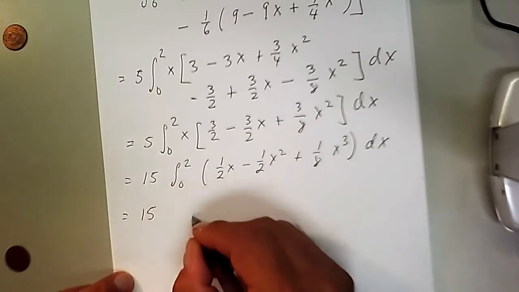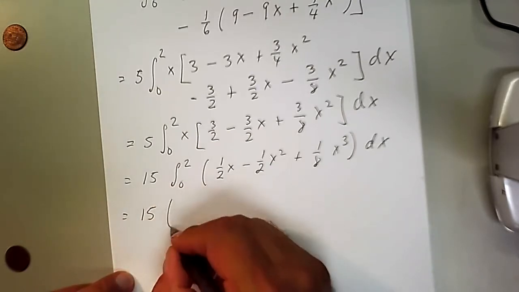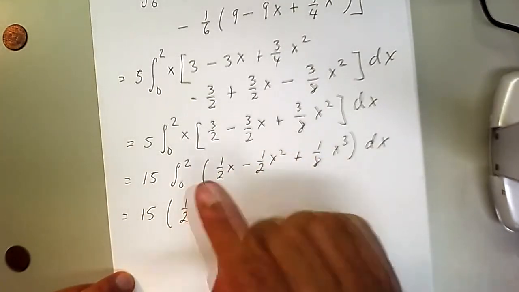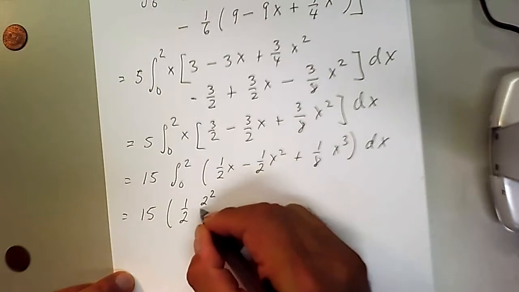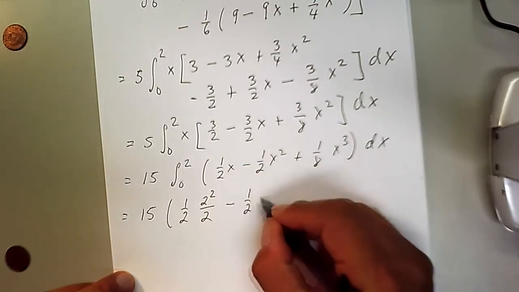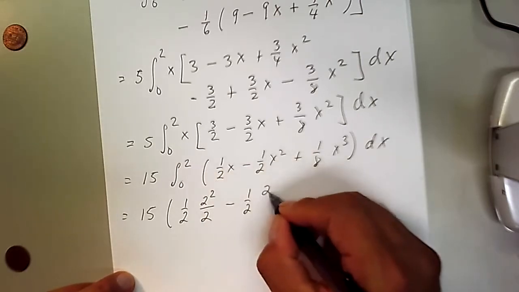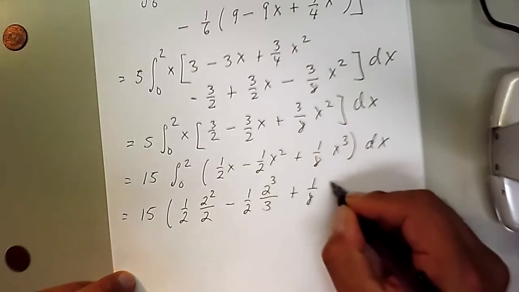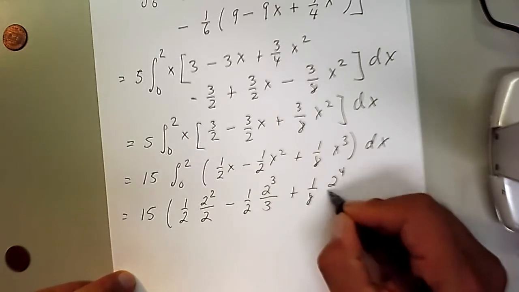Equals 15 times half. Well, that's going to be x squared over 2, but we're going to plug in 2 and 0. So 2 squared over 2 minus half, same thinking, 2 cubed over 3 plus 1/8 2 to the 4 over 4.